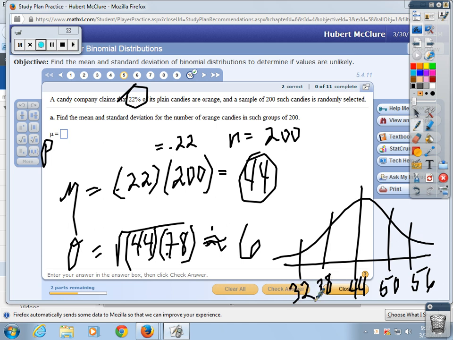So if you open a pack of M&Ms or a pack of whatever candy this is, what is the chance that you're going to get 6 orange candies? Might be very unusual. What is the chance that you're going to get 60 orange candies in a pack? Very unusual. But these are going to fall within normality.